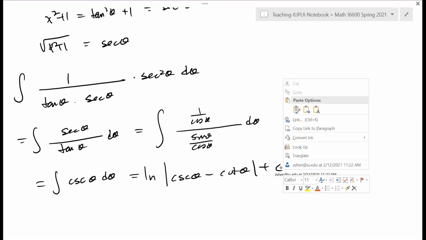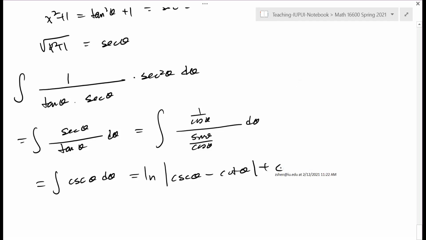The integral of cosecant theta is this. If you cannot use this formula, then you have to do it the same way we did for the secant theta, at the very beginning.